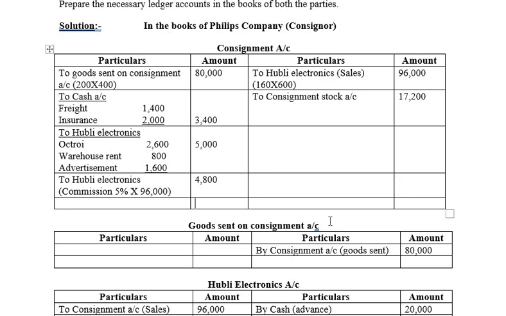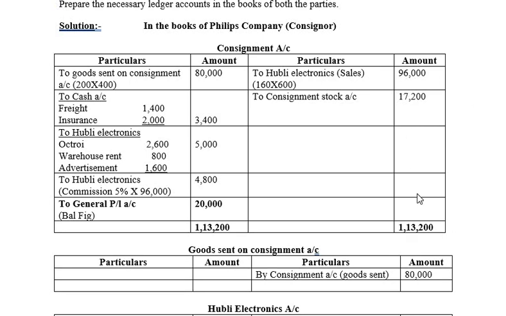What will be the balance of consignment? I think the debit side is more, so let's calculate the balance. Okay, so the credit side is more, which is 1,13,200, that is 96,000 plus 17,200 will give you 1,13,200. So write the total to both the sides, that is 1,13,200.